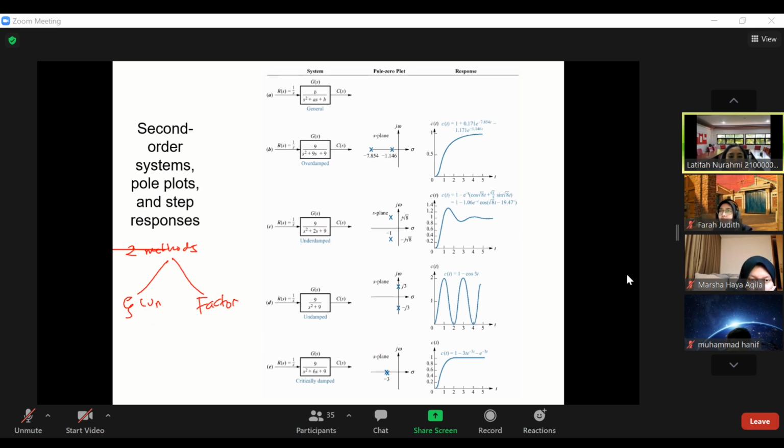But I think after you find zeta and omega n, you can also find the factor, right? Because the factor is s equals minus zeta omega n plus minus j times omega d. This is the factor. This is the pole.